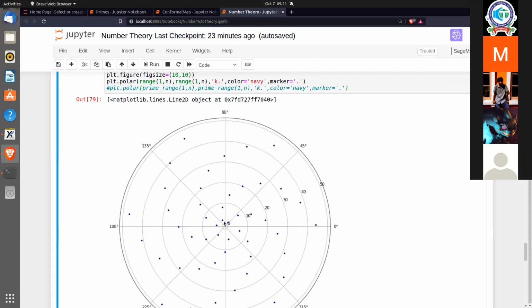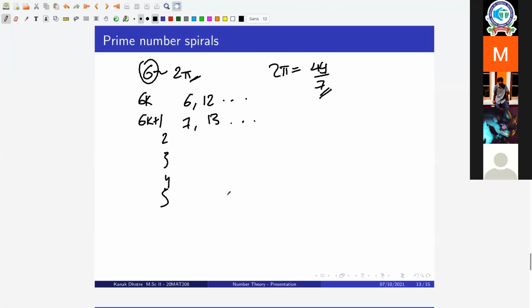So now we've understood these bands here, right? So what is happening when I'm plotting just primes? One is that obviously 6k won't be plotted because none of those numbers are primes. And then 6k plus 2 also won't be plotted, 6k plus 3 also won't be plotted, 6k plus 4 also won't be plotted.